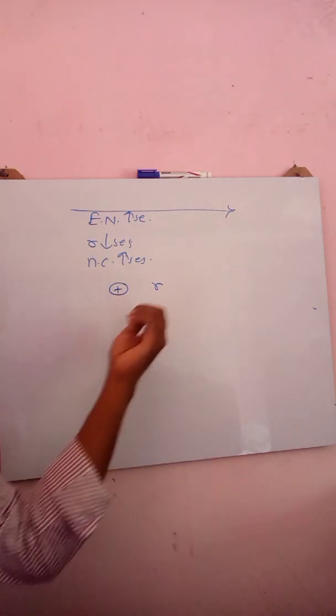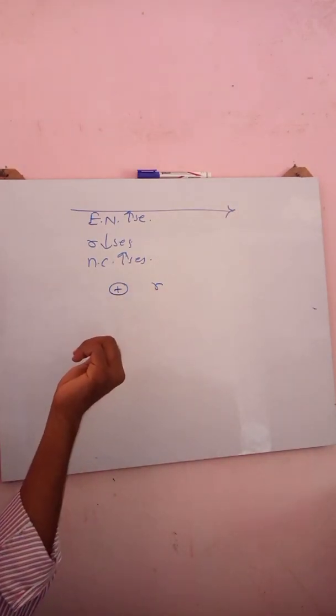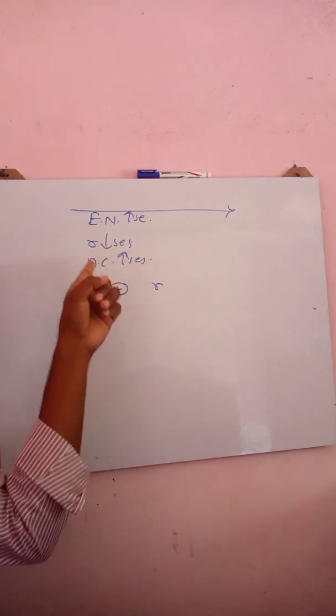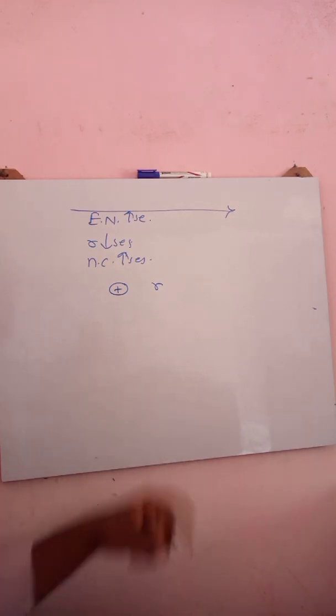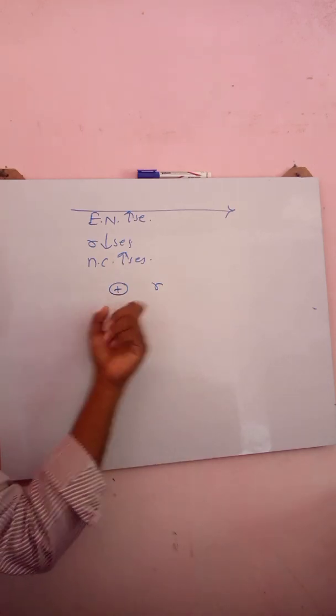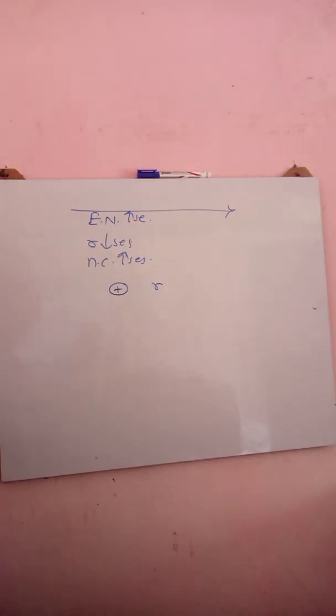So the electron will be easily attracted toward the atom. Similarly, when nuclear charge increases, it means the plus charge over the nucleus will increase. So when the plus charge increases, it will attract the electron easily. That's why electronegativity increases when we move left to right in a period. Right? This is the trend of electronegativity. Example I have given you all.